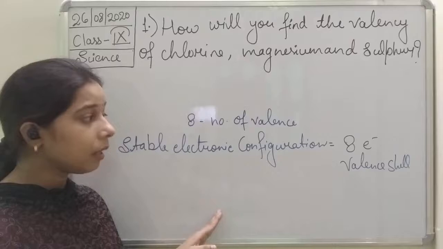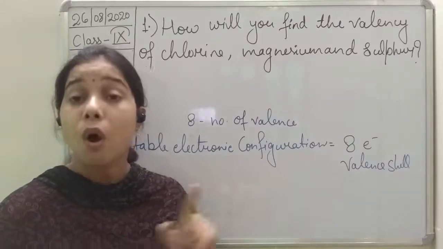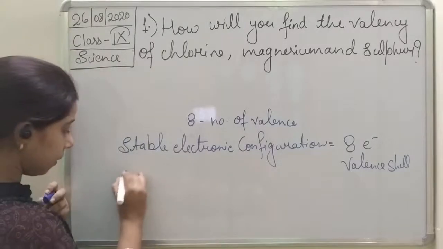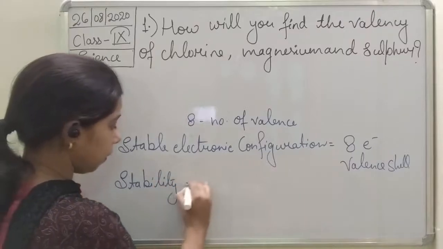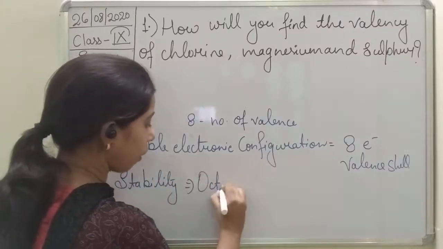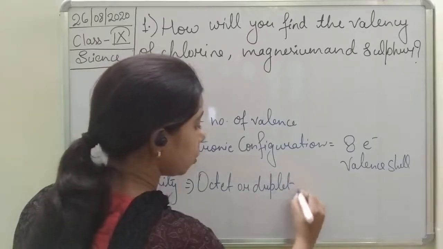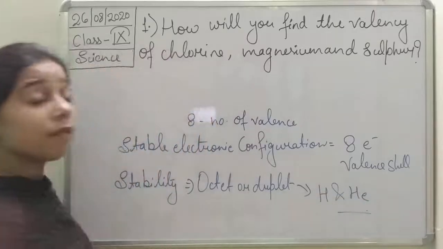The stability is decided by whether it has completed its octet or duplet. So not only octet, stability comes by completing the octet or duplet. Duplet is basically in the case of hydrogen and helium. Why is it so?